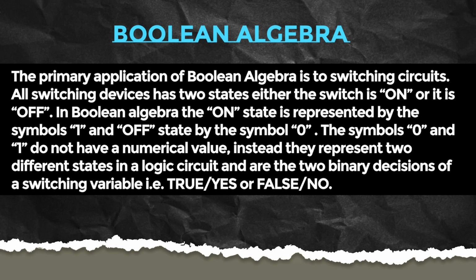The symbols 0 and 1 do not have a numerical value. Instead, they represent two different states in a logic circuit and are the two binary decisions of a switching variable, that is true, which is logic 1, or yes, logic 1, or false, that is logic 0, or we say no in ordinary terms, that is logic 0.